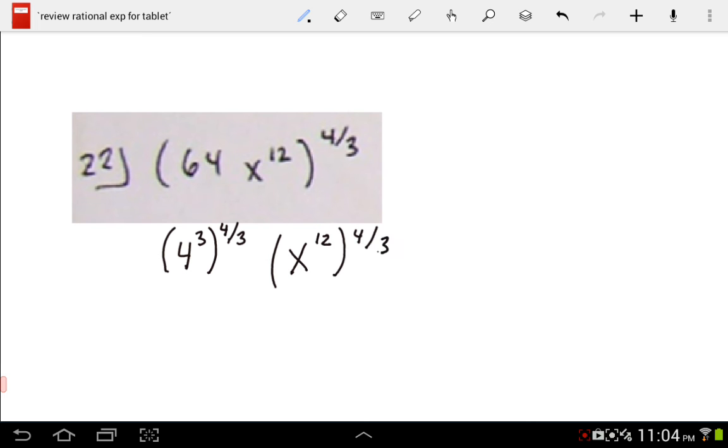And now by writing them separately, I can cancel out a lot nicer. So these 3's will cancel. That leaves me with 4 to the 4th power, and 4 to the 4th power is 256. And now here we can get 3 going into 12 4 times. So I'm left there with 4 times 4. Remember, we're multiplying with power to power. 4 times 4 would be 16.